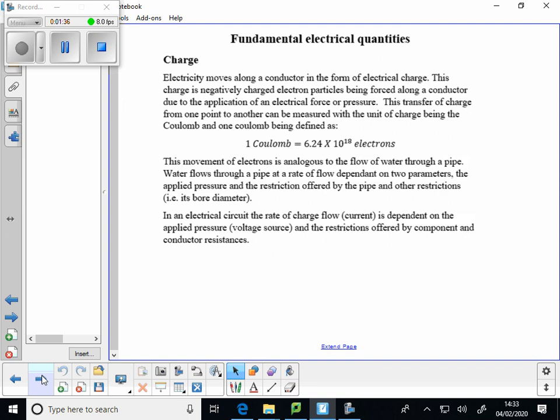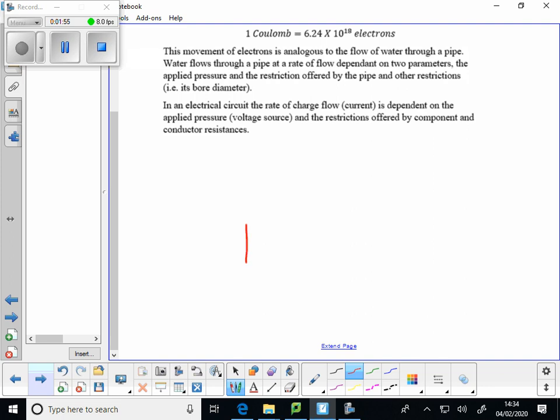So, fundamental electrical quantities. Charge. Electricity moves along a conductor in the form of charge. The electrons basically move. If we've got a piece of copper that we're zoomed in on, part of a piece of cable made from copper, a copper atom has its nucleus, and then several shells of electrons.